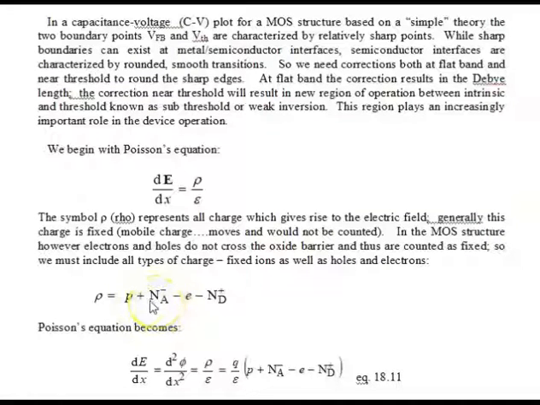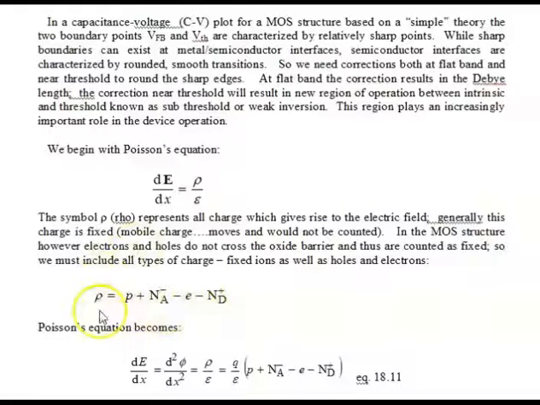And there are four types. There are holes, there are fixed negative acceptor ions, which have accepted an electron. There are electrons in the conduction band, or actually at the surface, I should say, in the energy band diagram. And then there are donor fixed atoms, which are positive because they've donated an electron.